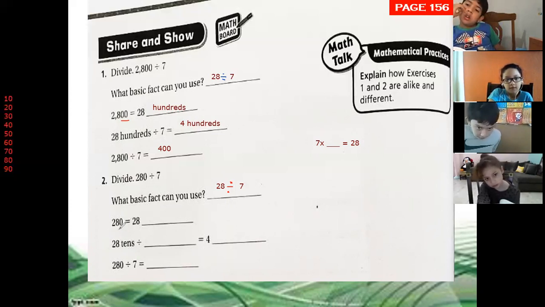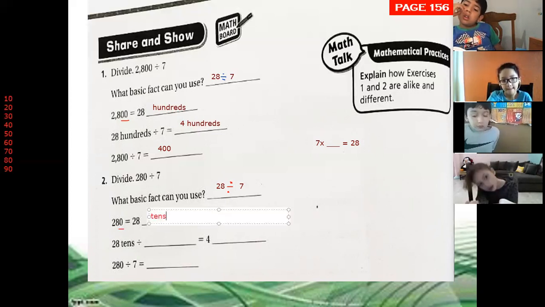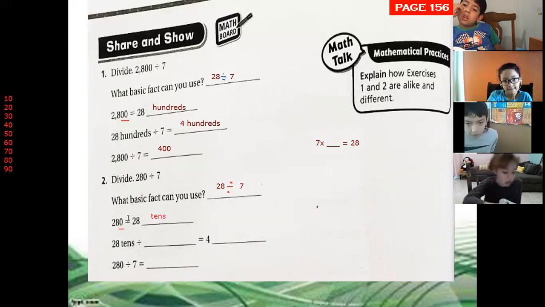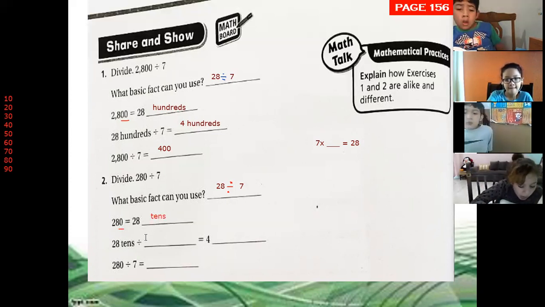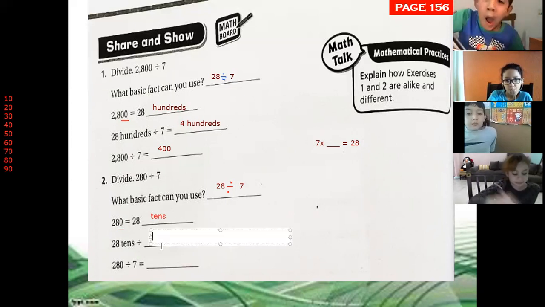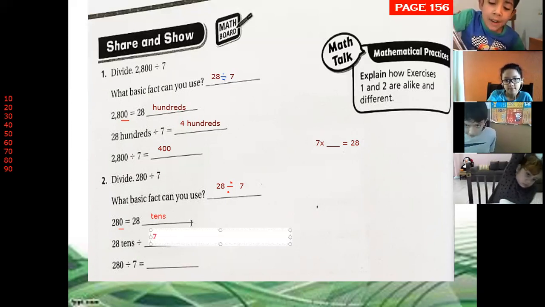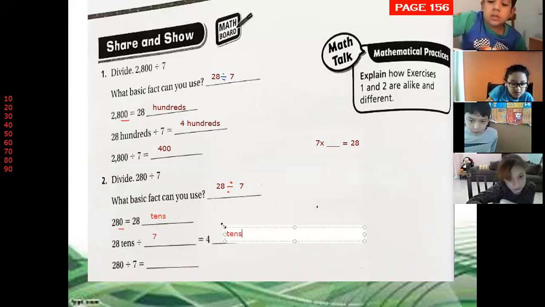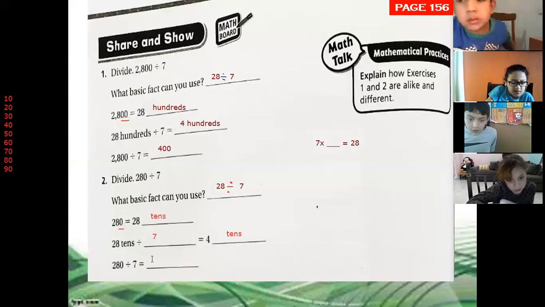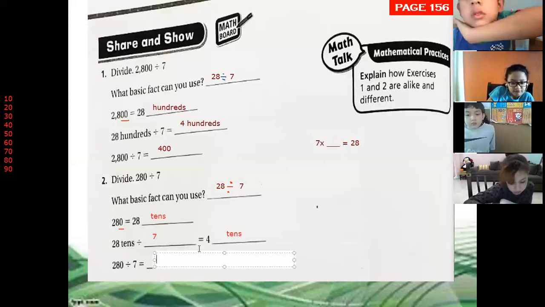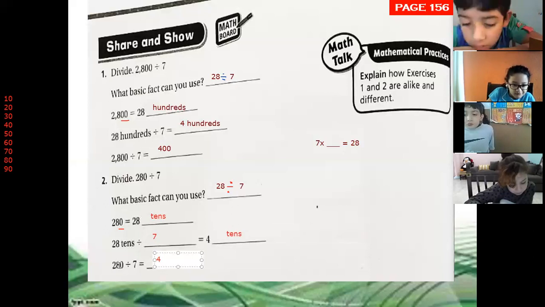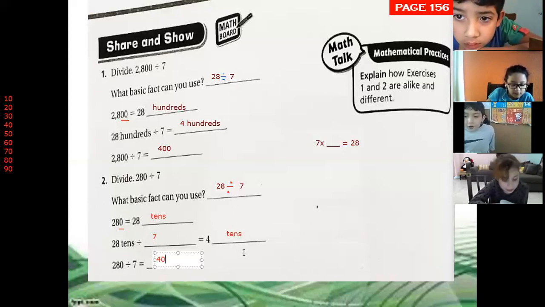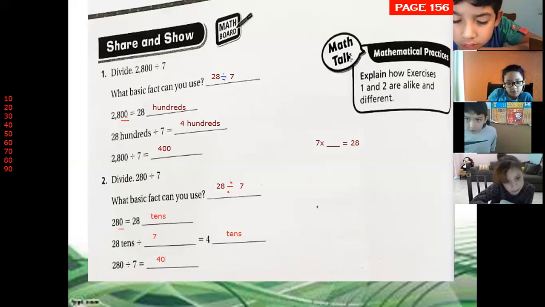So in here, I eliminated 1 zero. So it means that 28 are tens because I missed just 1 zero in 28. So 28 tens divided by 7 equals 4 tens. And 4 tens, so I write the 4. And this 0, the 0 I eliminated at the beginning, 40 is 4 tens.